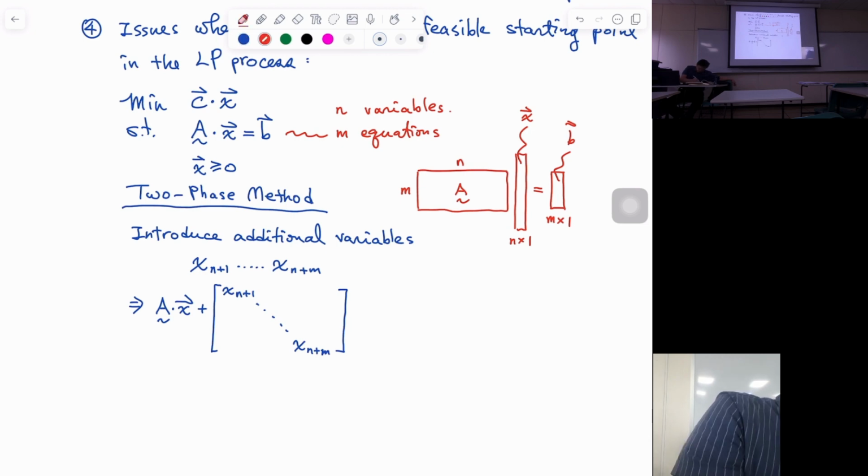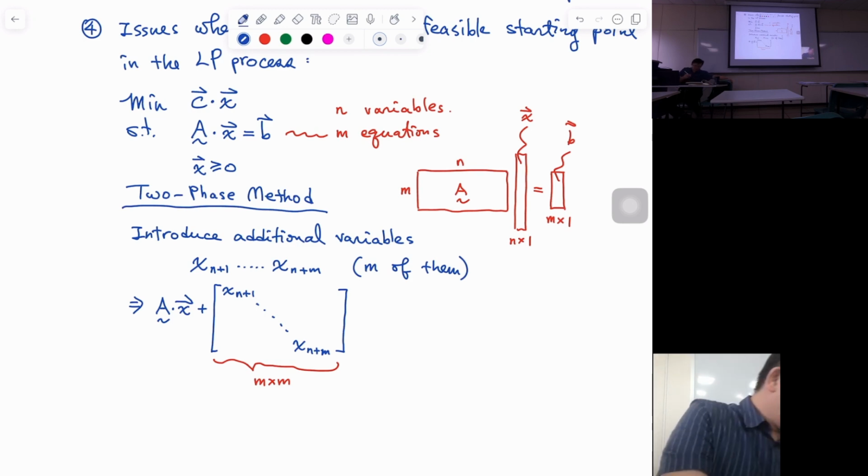So overall, this is m by m, and there are m of them. Equals b.